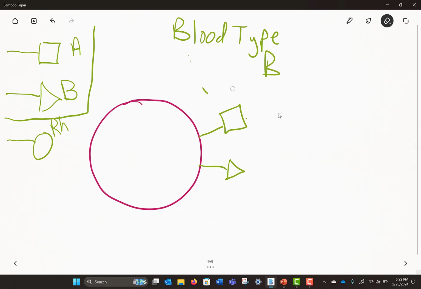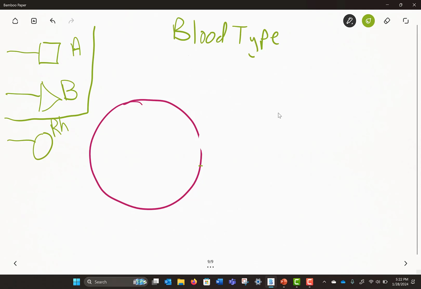And one final one to look at. Let's say we look and this person has no antigens at all. And really, that's not true. We have other types of antigens. We are just specifically talking about blood typing antigens.